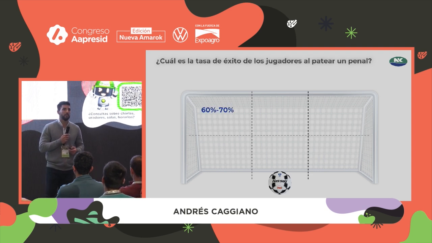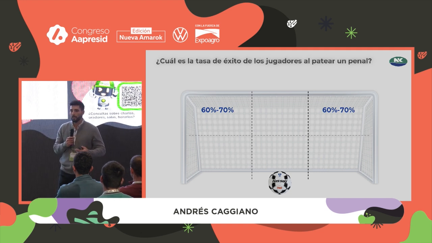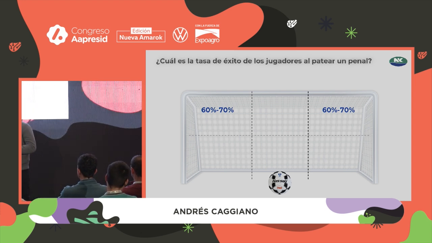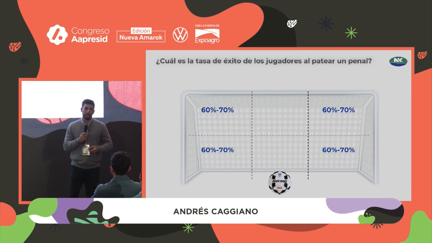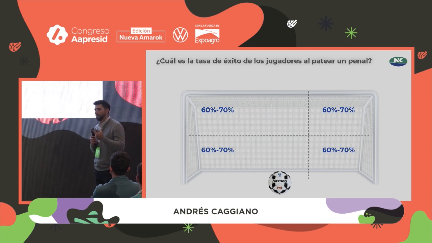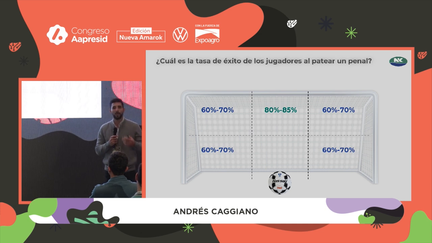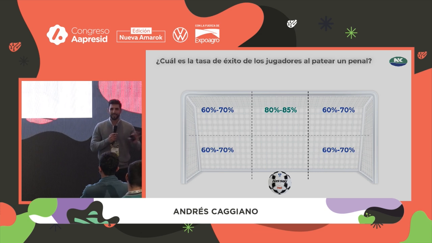So we can either aim the shot to the upper portion, to the right or to the left, and we will have a 60 or 70% success ratio. If we aim the shot to the lower portion of the goal, either left or right, we have the same success ratio. But if you aim the kick at the middle, you have an 80 to 85% success ratio.